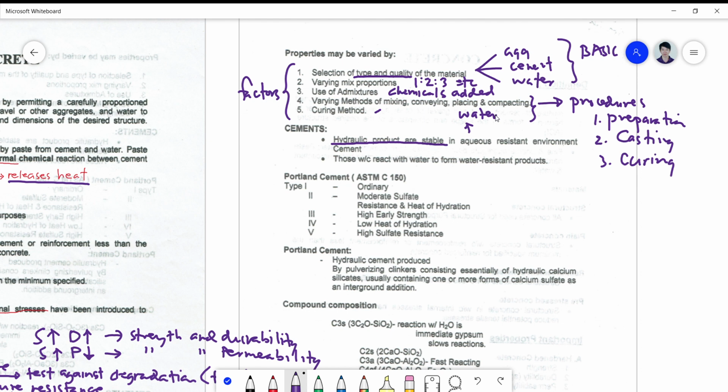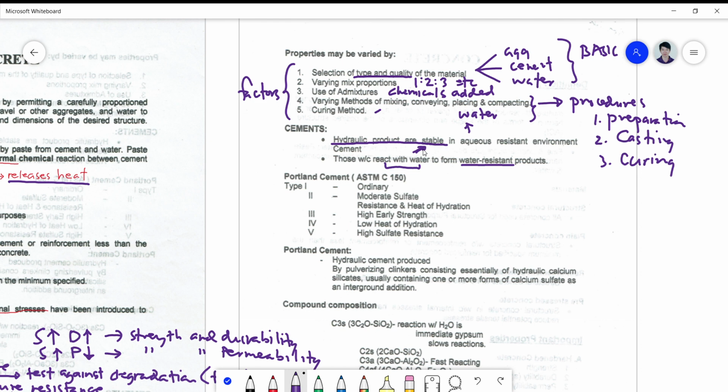It's also defined as those chemicals that react with water to form water resistant products. So it's very stable when it comes to water reaction.